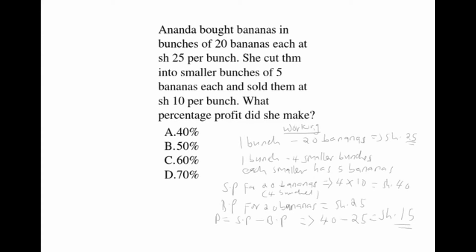So we know that percentage profit is given by profit over buying price times 100%. So this one will give us 15 over buying price, which is 25.